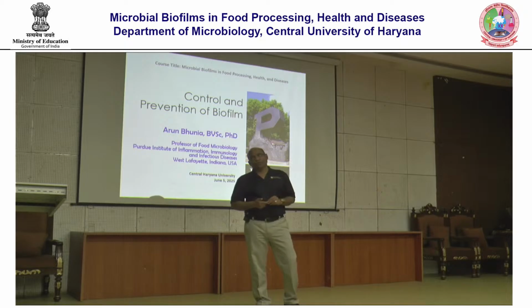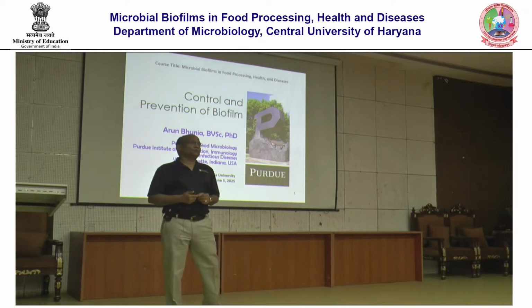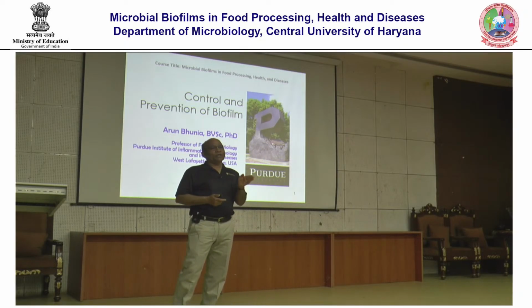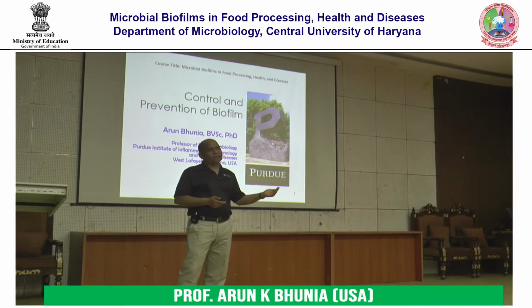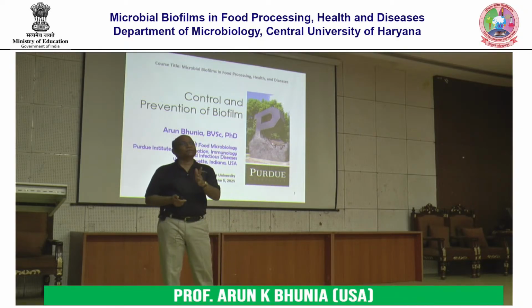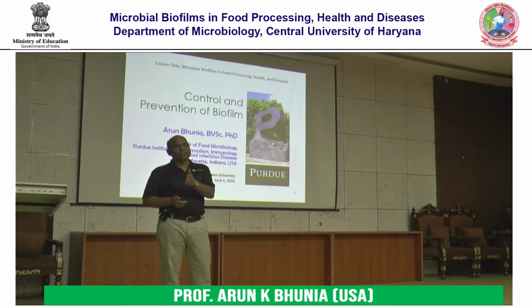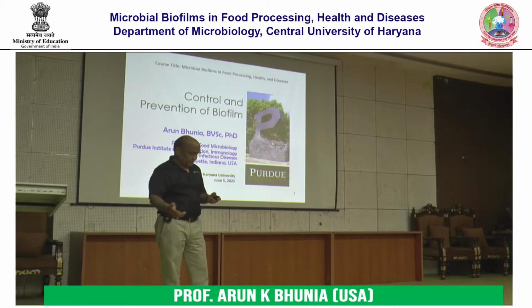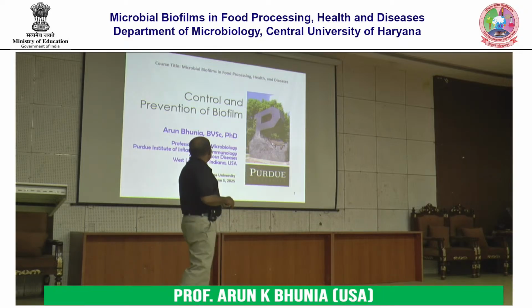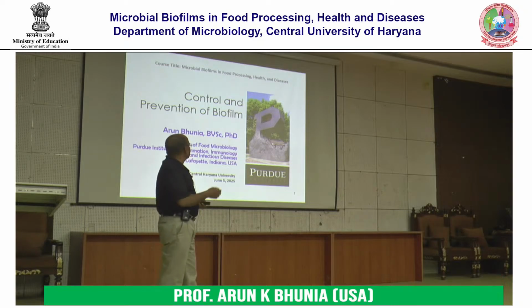When you talk about control and prevention, that means we are going to talk about mostly where we have undesirable properties, where biofilm can cause problems, whether it's product development, product safety, or shelf life, and also from the disease standpoint, if these organisms or biofilm can be eradicated or eliminated, and from the standpoint of therapeutic or clinical application, we have to know how to prevent or control, right?